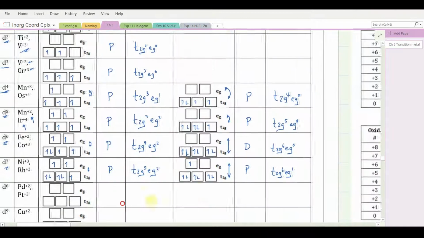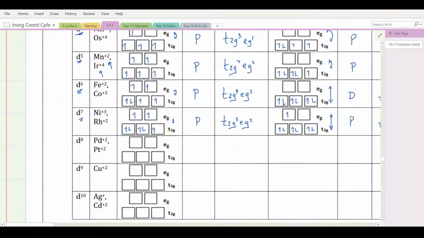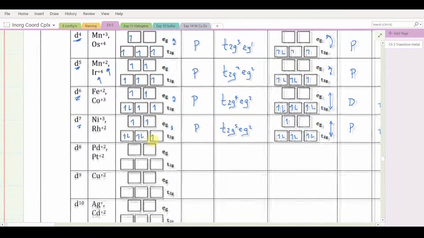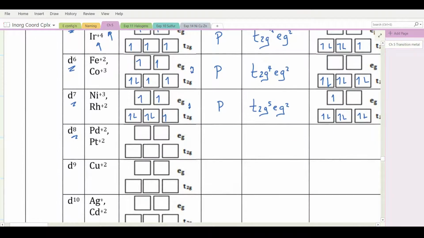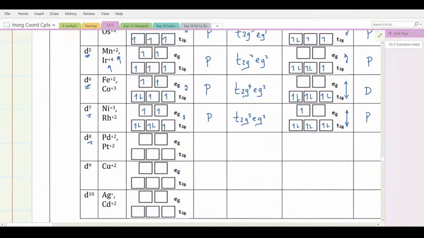Once you get to 8 through 10, there really only is one possibility. They're all considered to be high spin states. Once you get to 8 or more electrons, you only have one possible electron configuration, and all of these are considered or named high spin states. There's no pairing that's really forced here.